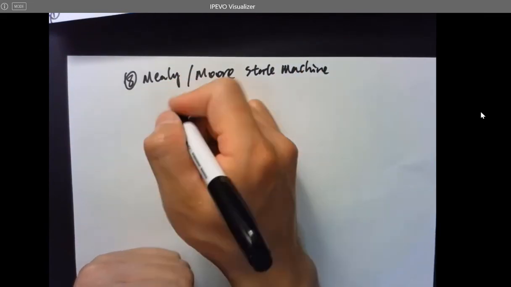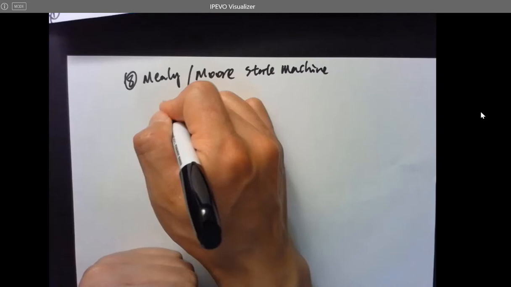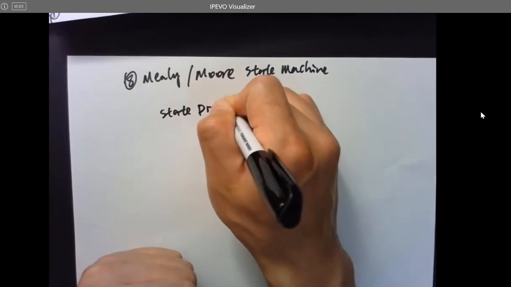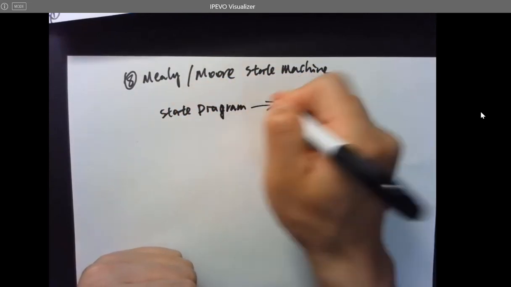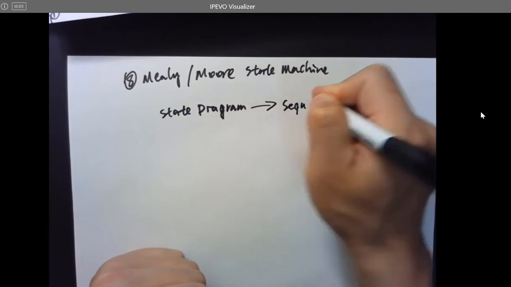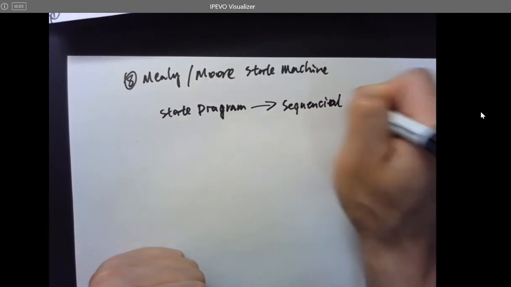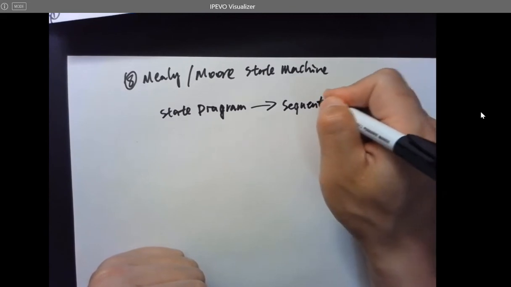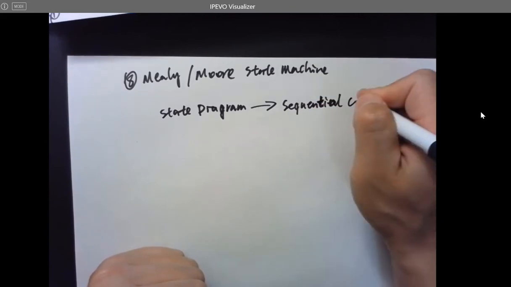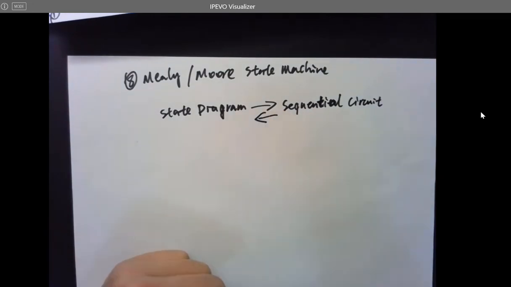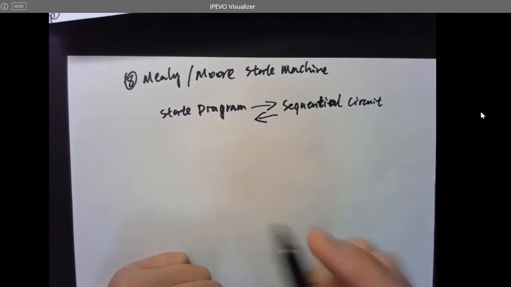You need to know, if I give you a state diagram, can you convert it to a sequential circuit? This is T, right? So sequential circuit. Or can you convert it backwards? Okay, this is required. You need to know that.